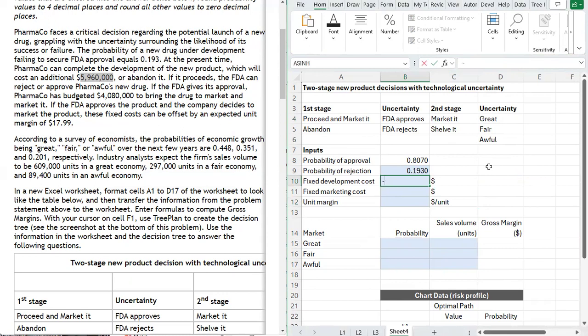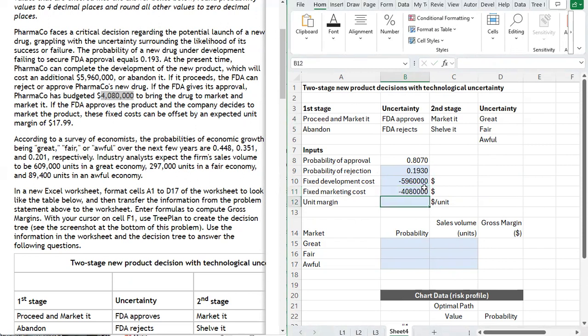We're going to enter that as a negative number. We also need to get rid of the commas. We're going to enter it as a negative number because it's a cost, right? The fixed marketing costs are $4.08 million. Again, we're going to enter that as a negative number in our model because it's a cost.